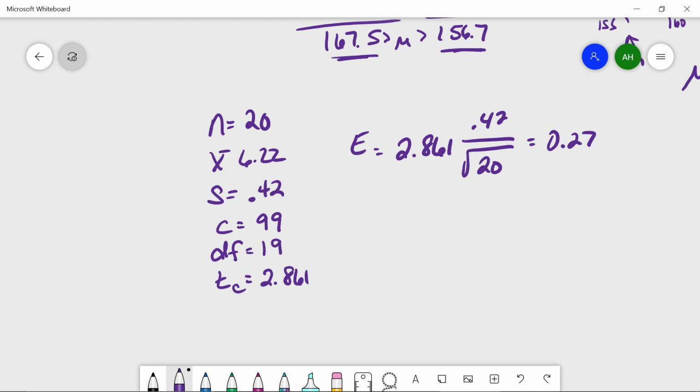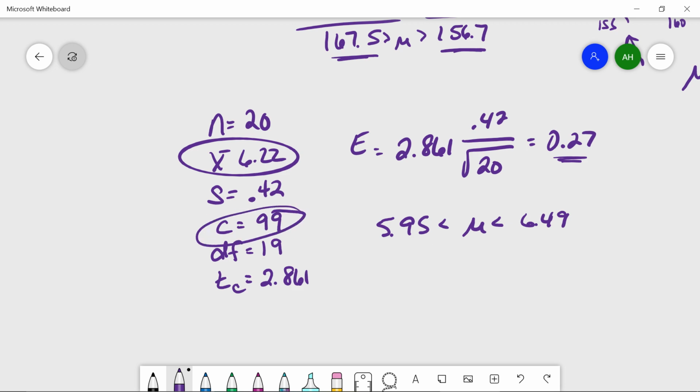Remember that I find my interval by taking my sample statistic and adding and subtracting this amount right here. So when I do that, the 6.22 minus the 0.27 is going to give me 5.95. When I add it, I'm going to get 6.49. So I know that with 99% confidence, I can say that the population mean is between 5.95 and 6.49.